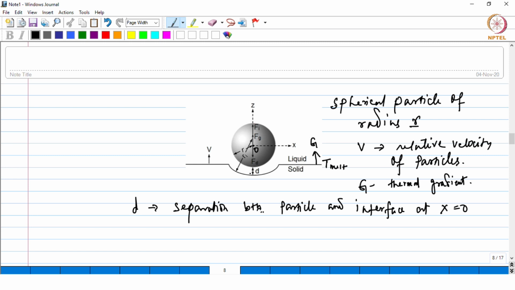So considering this, the radius of curvature, that is this Ri, can be given as follows.